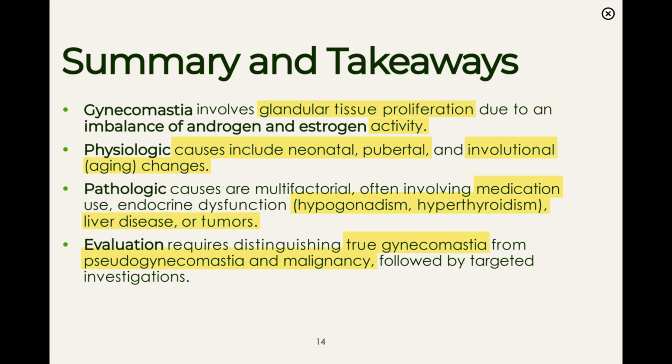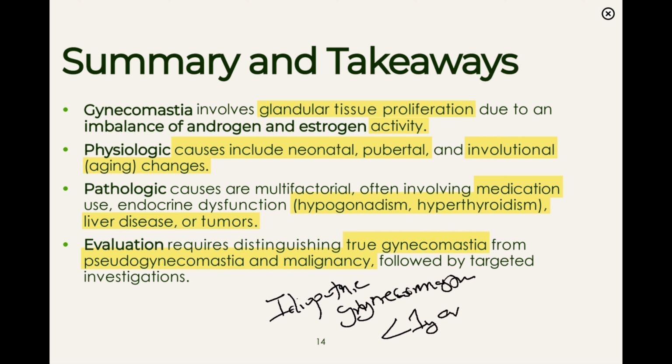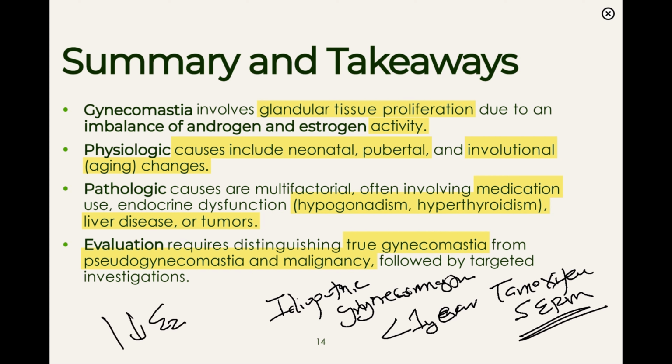And I'd also like to sign off by saying that in patients with idiopathic gynecomastia, less than a year, because there is less fibroblast proliferation in these tissues, you can actually use tamoxifen as well, a selective estrogen receptor modulator, to block the effects of excess estrogen compared to testosterone.